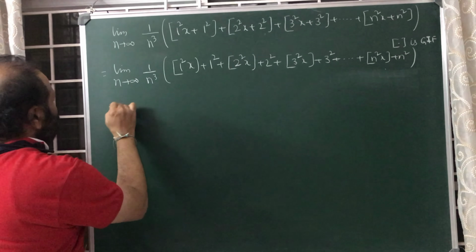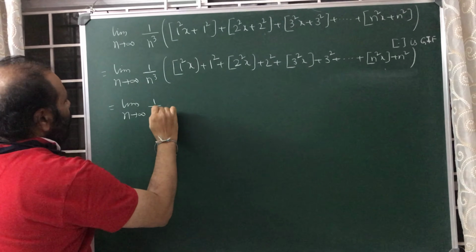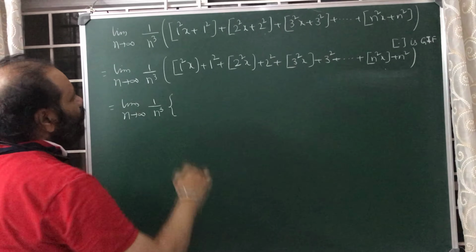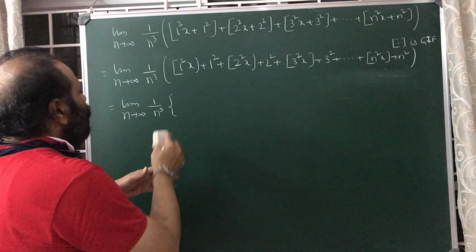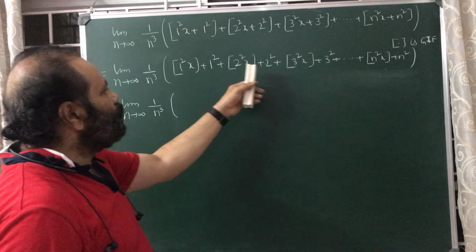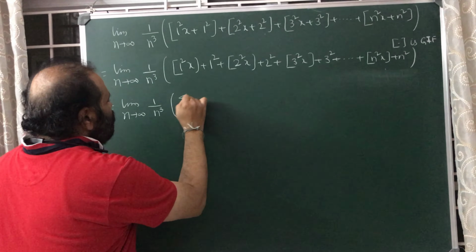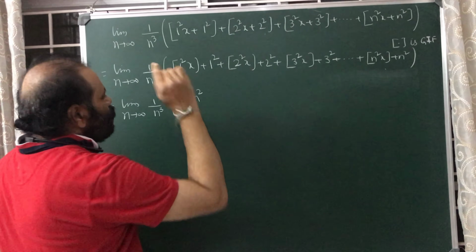So limit n tends to infinity 1 by n cube into, first of all, I want to write the numeric integer terms: 1 squared plus 2 squared plus 3 squared and so on plus n squared. This is nothing but sigma n squared.